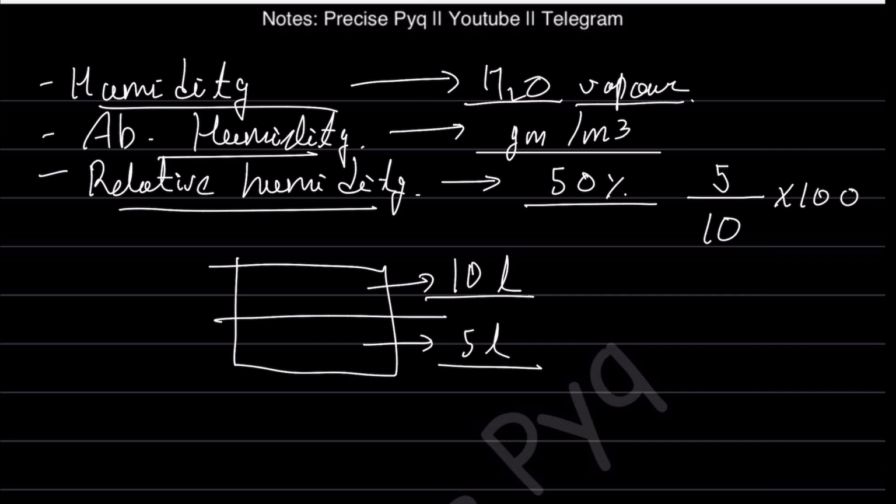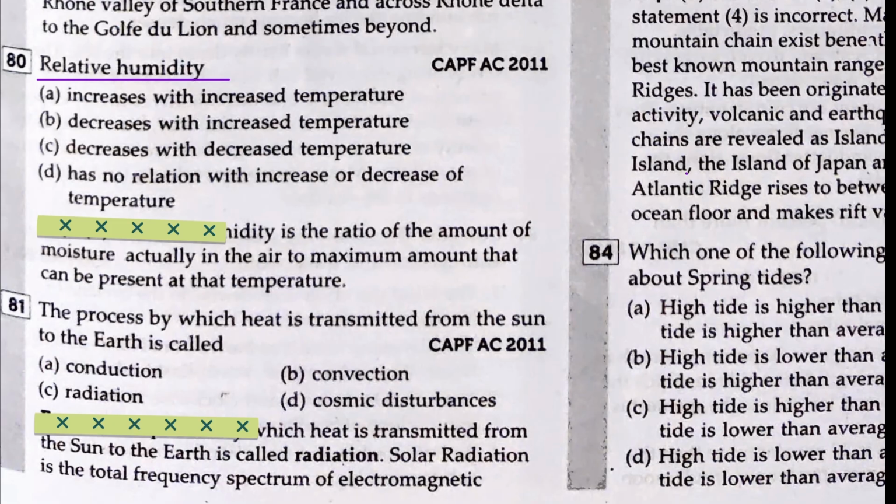Current capacity upon total capacity into 100. This is how we calculate relative humidity, 50%. So relative humidity is in percentage, absolute humidity is in gram per meter cube, and humidity is water vapor present in air.